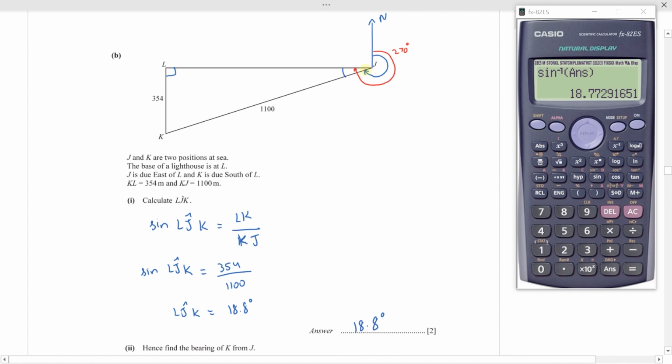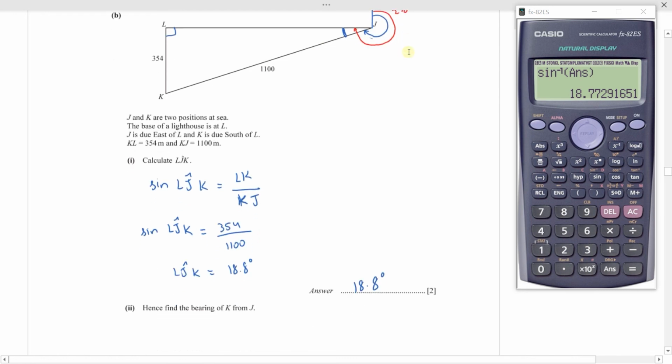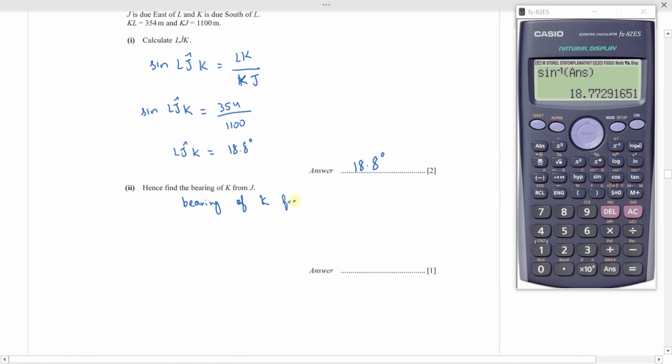So if I know this angle is 18.8 degrees, and I subtract 18.8 from 270, I will get this blue angle, which is the bearing of K from J. So the bearing of K from J will be 270 minus this angle 18.8.